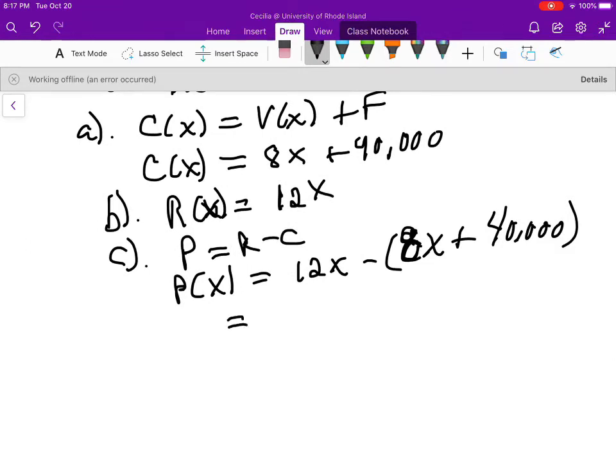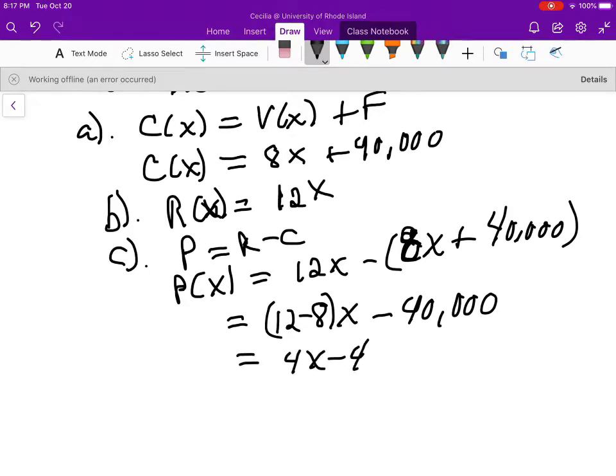Now we're going to distribute that negative sign through carefully. And we're going to get the 12 minus 8, if we group like terms, minus 40,000. And this is going to give us a profit function of 4x minus 40,000.